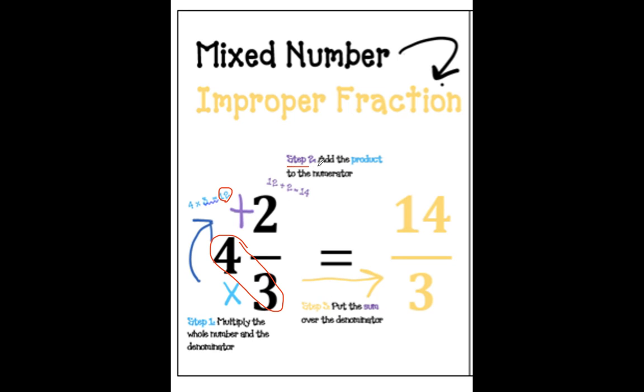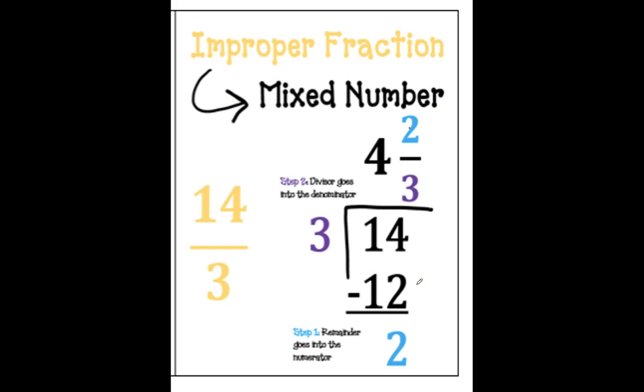Step 2 is add the product of the whole number and the denominator to the numerator. So 12 plus 2 gives me 14. Then I take that 14 and I put it back over my denominator, which is 3, and my improper fraction becomes 14/3.